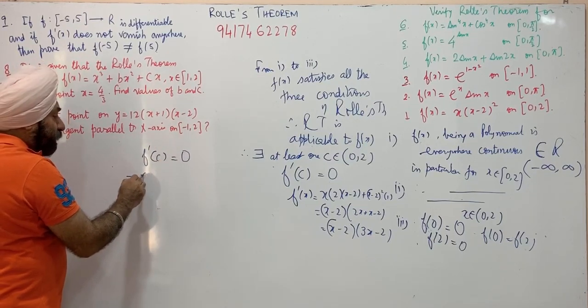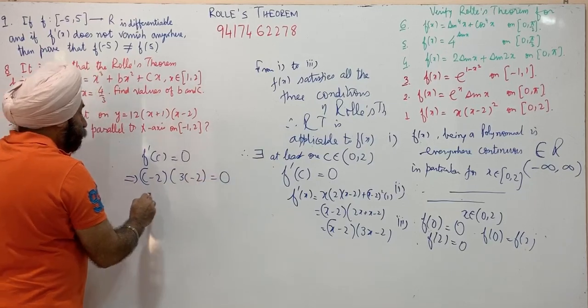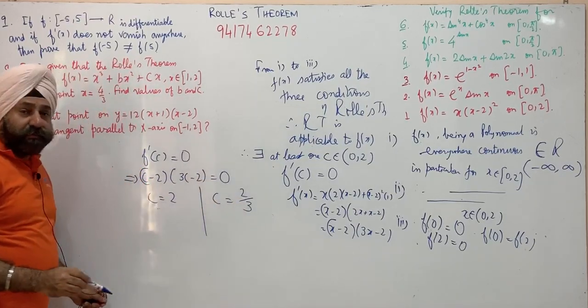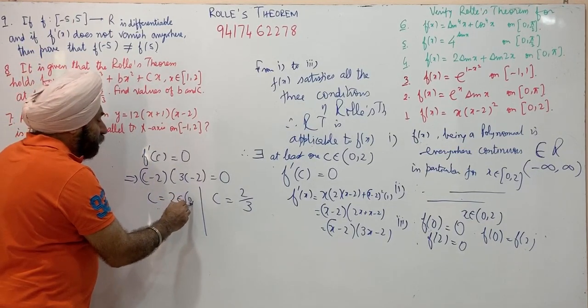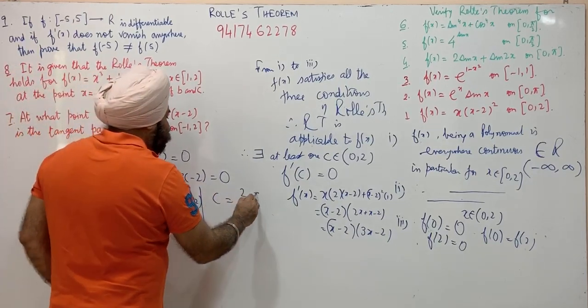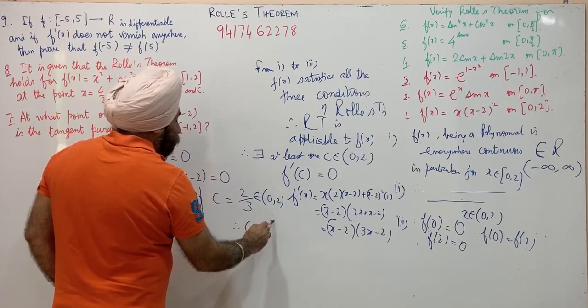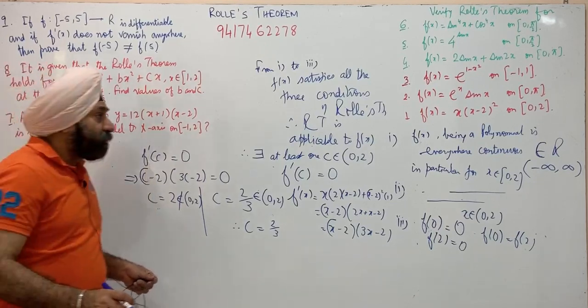This means (C minus 2) into (3C minus 2) is equal to 0. This gives us C is equal to 2, or C is equal to 2 by 3. The value 2 doesn't belong to the open interval 0 to 2, and 2 by 3 belongs to it. Therefore, C is equal to 2 by 3. This is how we verify Rolle's theorem.